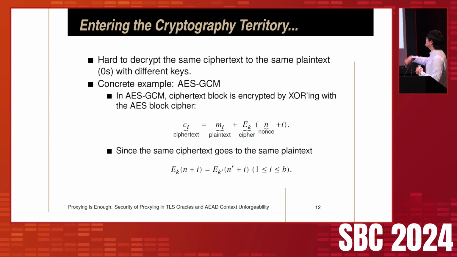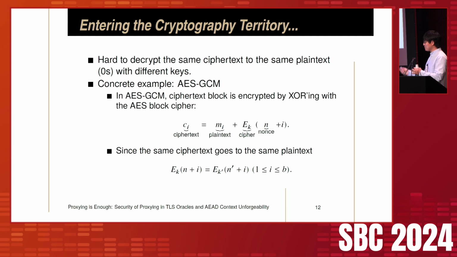Now, let's say we're trying to decrypt the same ciphertext to the same plain text, we can kind of cancel those out and get the equation down here, which is basically just to say that we are able to come up with a key-nonce pair that somehow has the same result after this AES cipher.